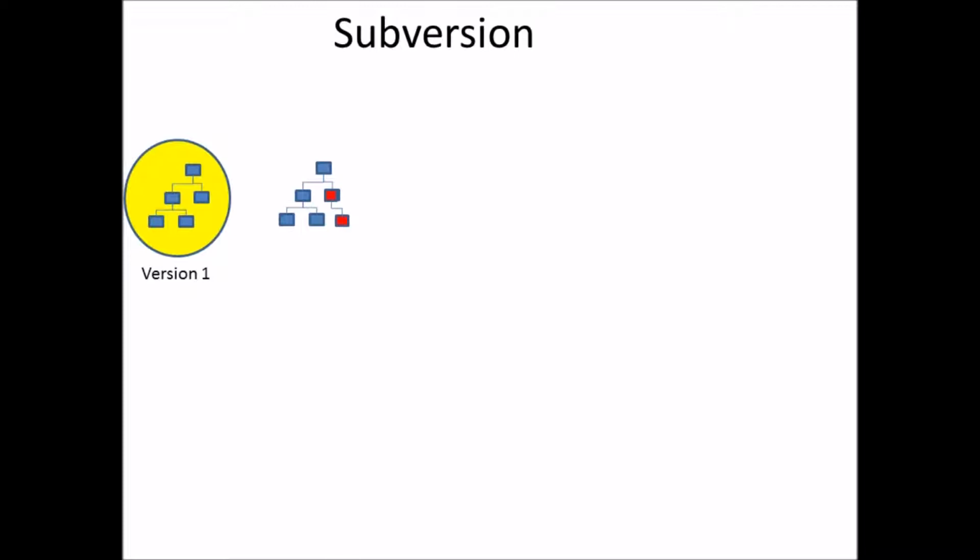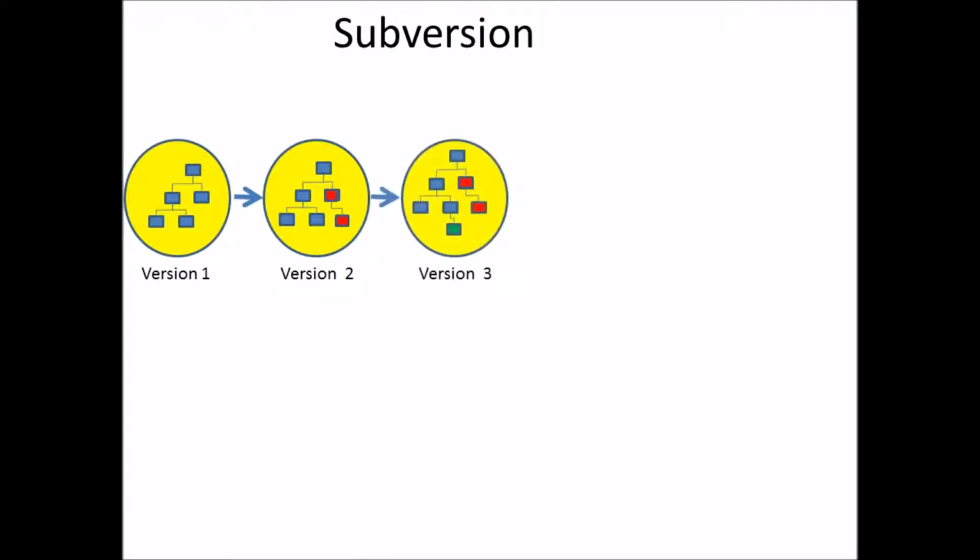Then at some point when we decide this has got to a significant point, we can take another snapshot of that file system and save it back to Subversion, and then we can carry on editing and again save a new snapshot of the file system back to Subversion.